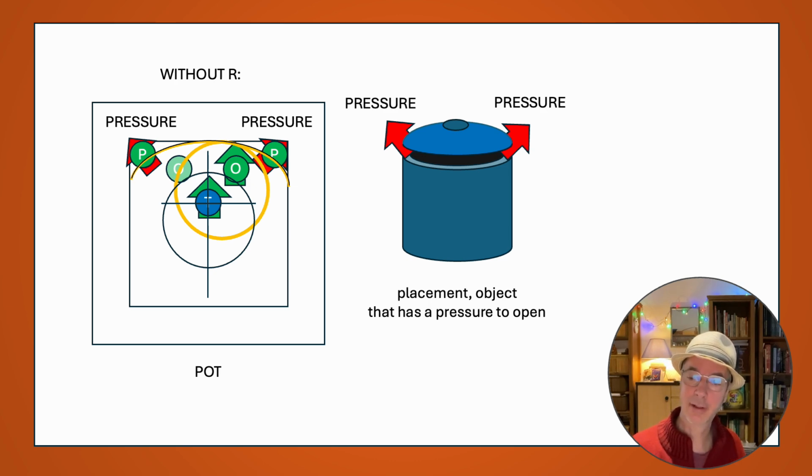It waits for that opportunity to be opened, but it is, of course, again an object. It's a placement in T. It's an object that has this ability with a pressure from inside that can be opened and released at the perfect moment of choice, of course.